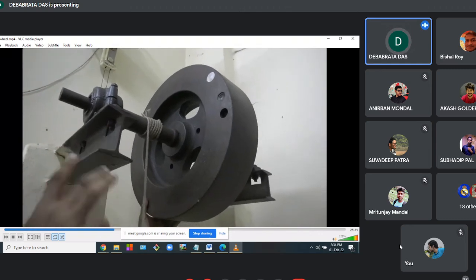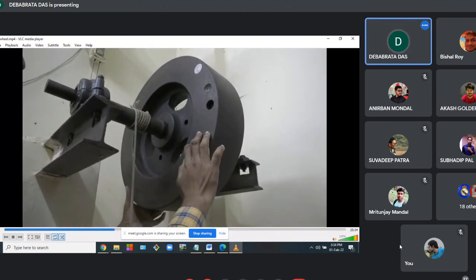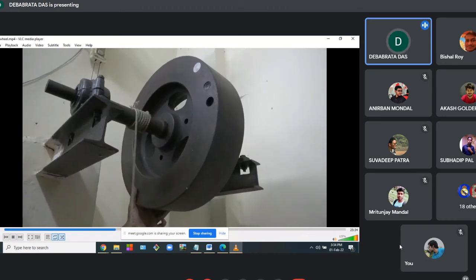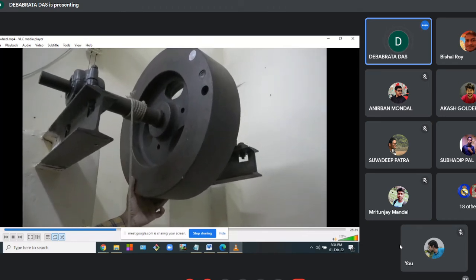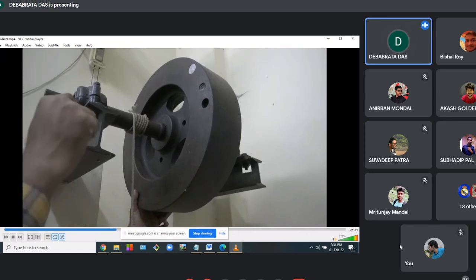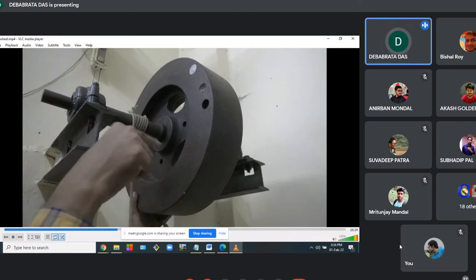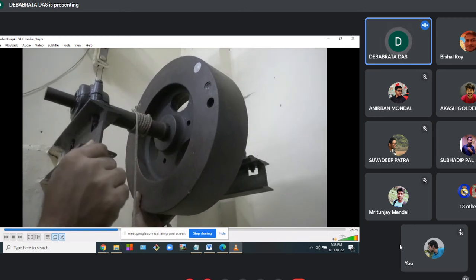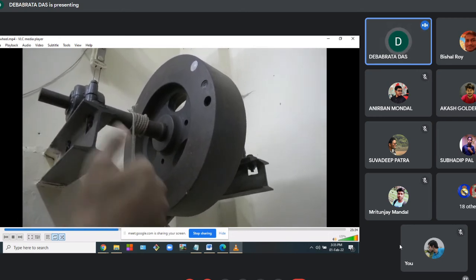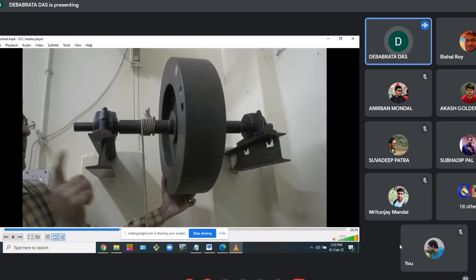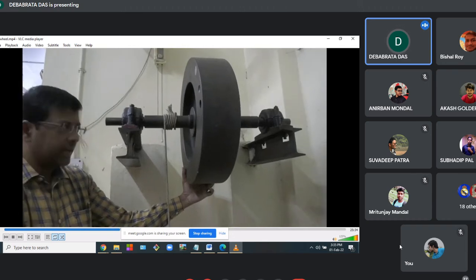The net effect is the acceleration of this system, and that continues up to T1. The moment the falling weight hits the ground, we stop one of the stopwatches. But this flywheel, just when it hits the ground, reaches the maximum speed. We assume the acceleration of the flywheel from 0 to T1 is constant, and it reaches maximum speed when the falling weight hits the ground.